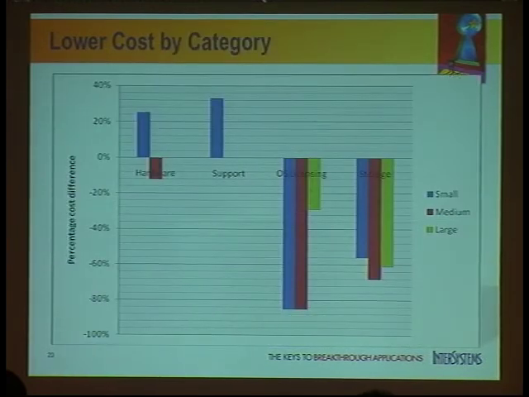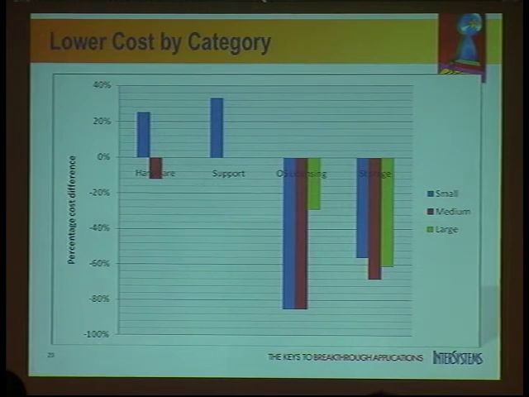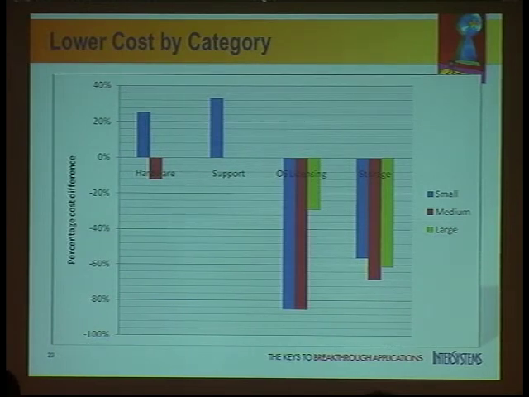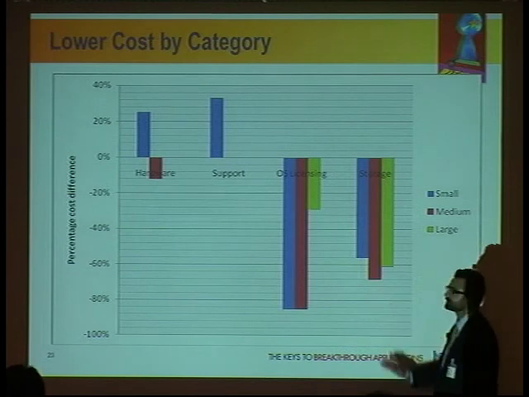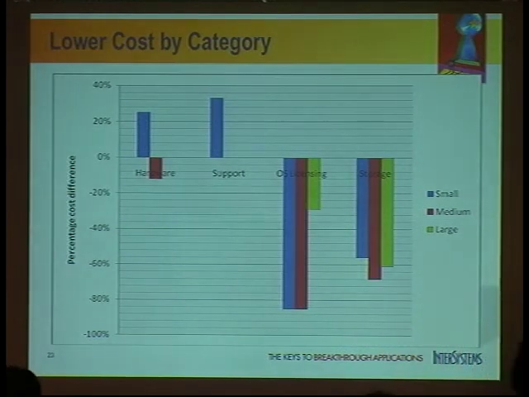Okay? Now, why is that? Well, so we broke it down by category. And there's 4 main categories in a configuration. There's hardware, support, operating system licensing, and storage. And you see that the biggest wins are in the operating system licensing and storage components. The operating system vendors are very smart.